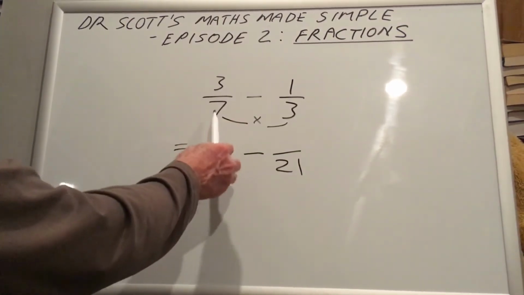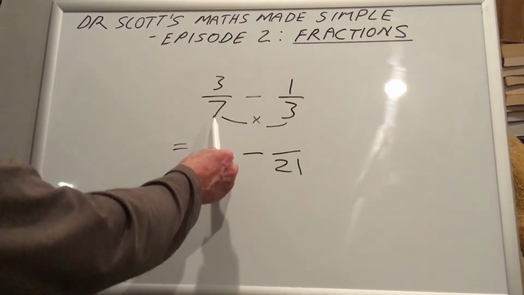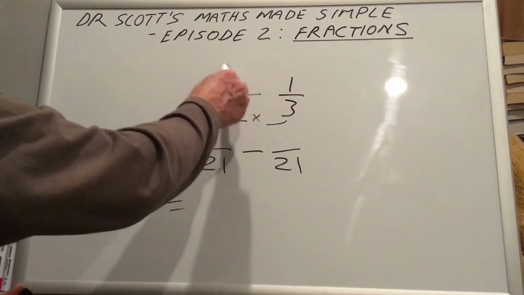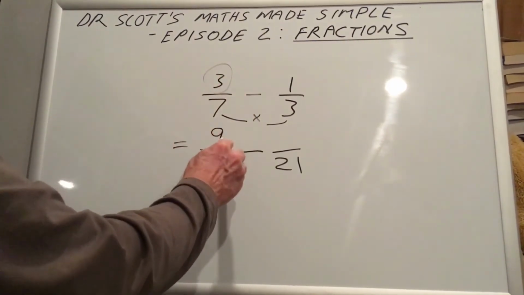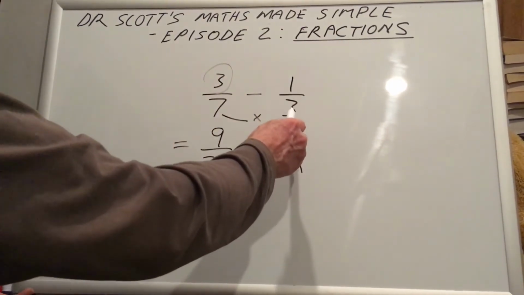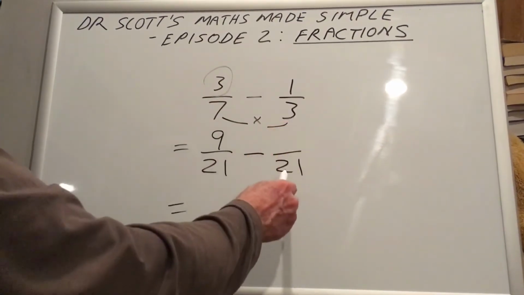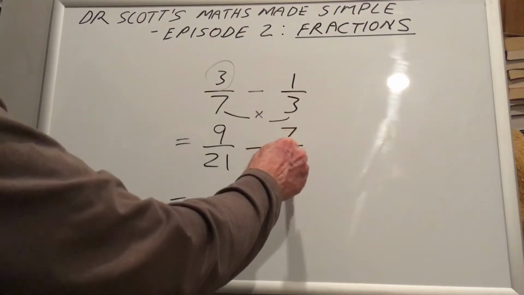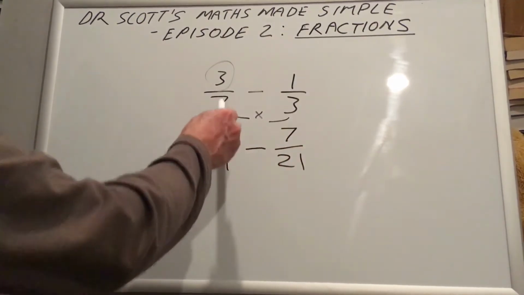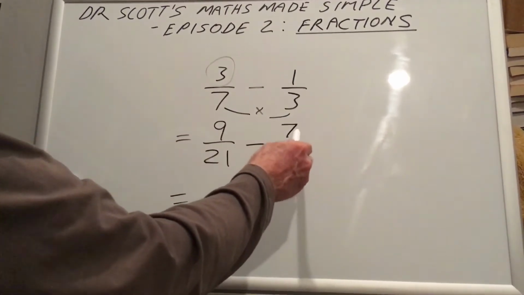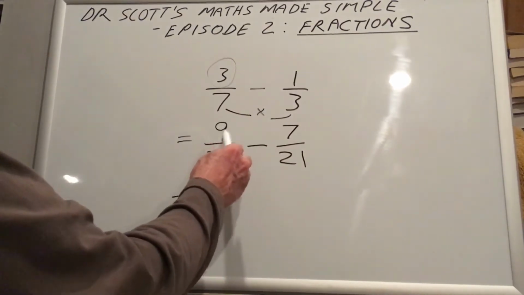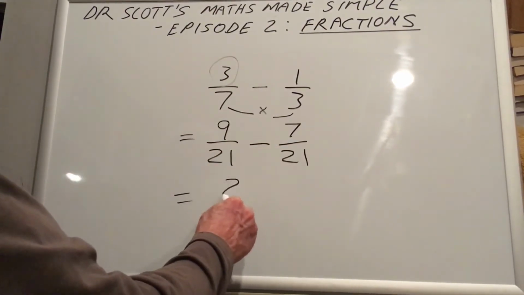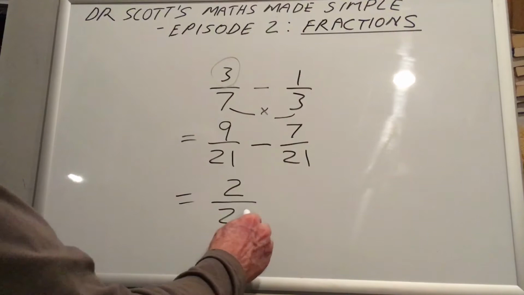So this one, 3 times 7 is 21. So 3 times 3 is 9. 7 times 3 is 21, so 7 times 1 is 7. So 9 on 21 minus 7 on 21 equals 9 minus 7 equals 2 over 21.